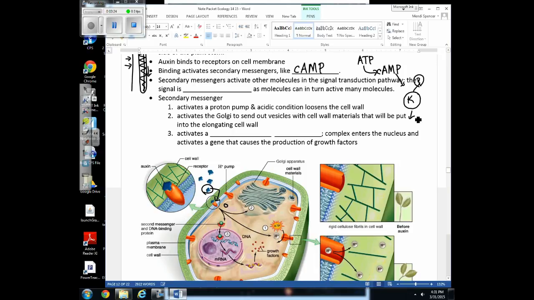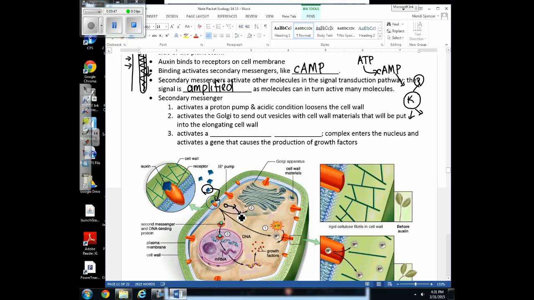And they can go and they can activate other molecules as well. Now, since when activated one molecule can go and activate many molecules, then the signal grows or it's amplified. So we'll see molecules activating other molecules in the cytoplasm, and then eventually there's going to be a response.